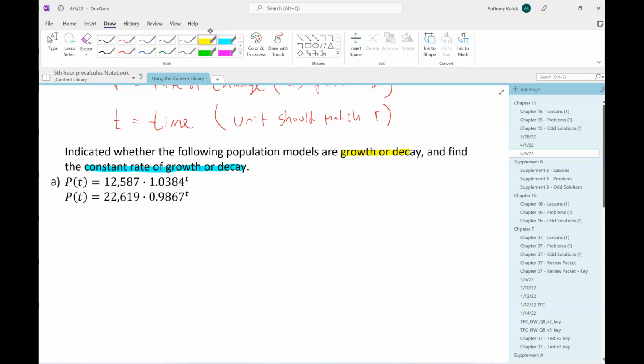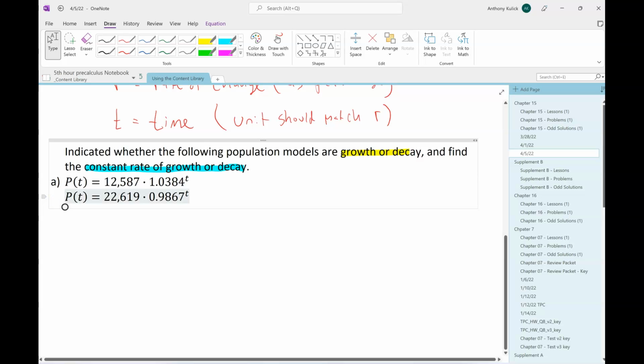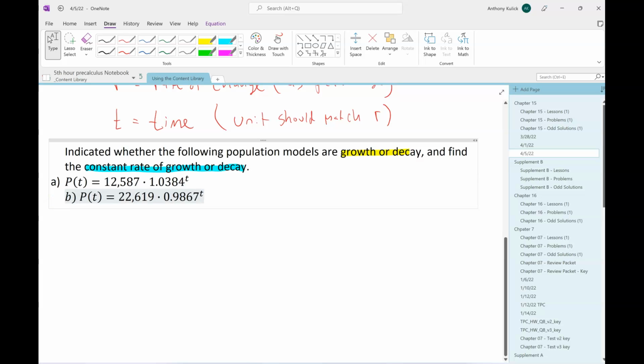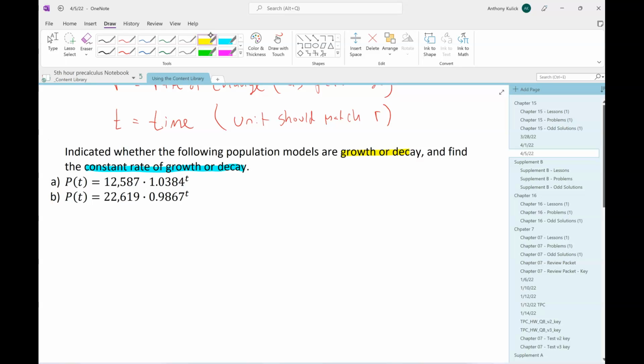So in the first equation here, okay, fine. There we go. In equation A, what number should I be looking at to determine whether it's growth or decay?